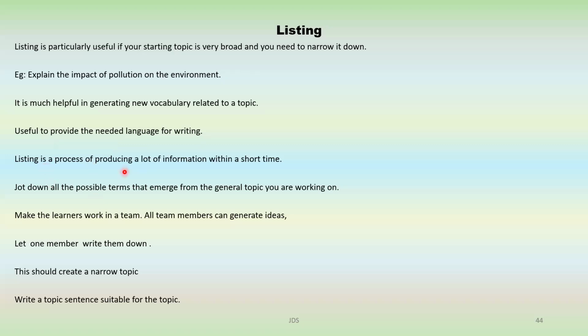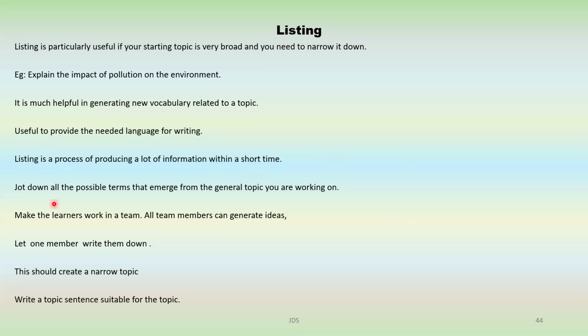Listing is a process of producing a lot of information within a short time. It's done in groups. Usually, the learners are put into groups and they are made to list out any suitable information or suitable expressions. It can be proverbs, idioms, all those language-related features come under listing.